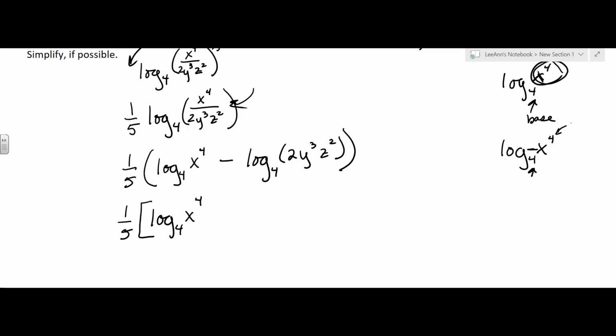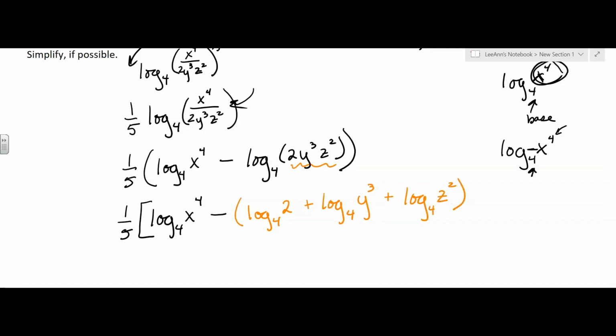Okay, minus, and now what I'm going to do is split up this multiplication in there into 3 separate logarithms. So I need a parenthesis here. Log base 4 of 2 plus log base 4 of y cubed plus log base 4 of z squared.